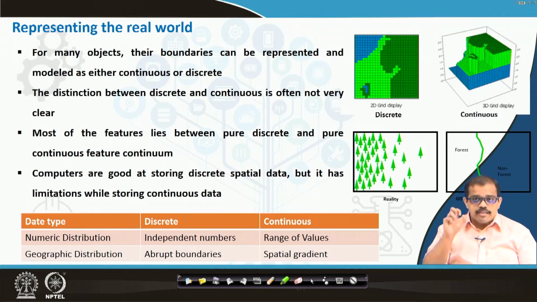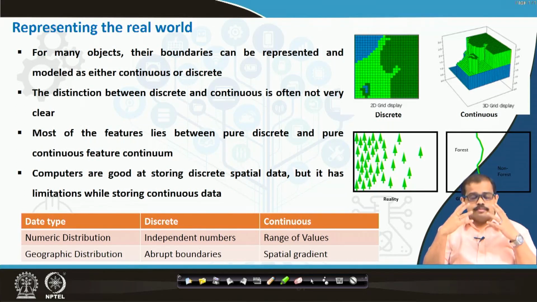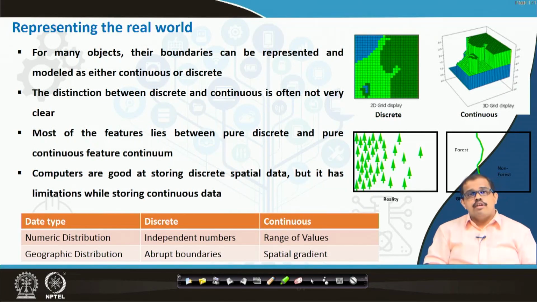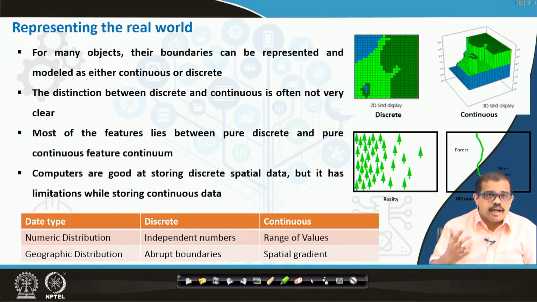To capture this dynamic, complex real world, you need a data model which can handle every kind of data. When we look at boundaries that can be represented or modeled as discrete or continuous values, we have to look at what kind they are and how they have to be captured.